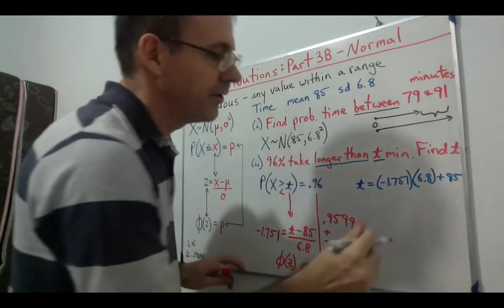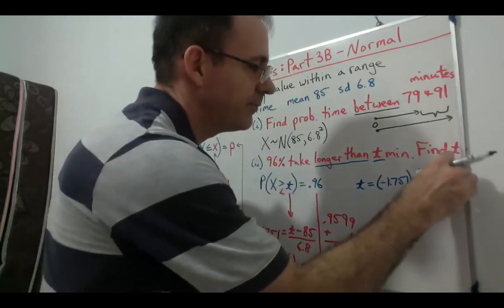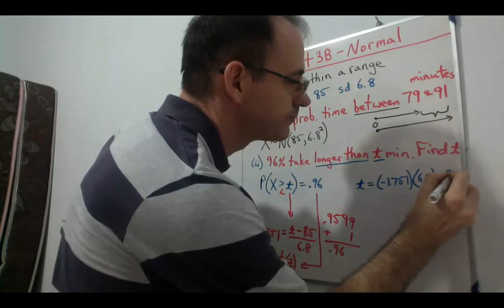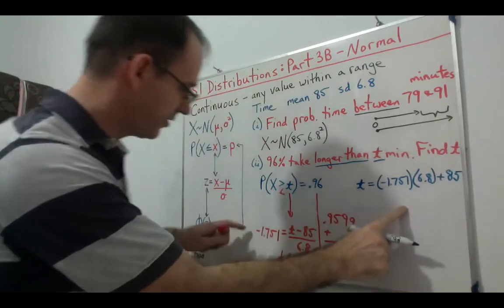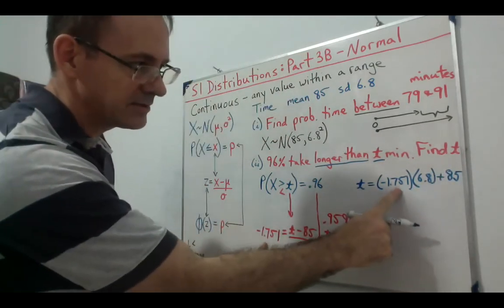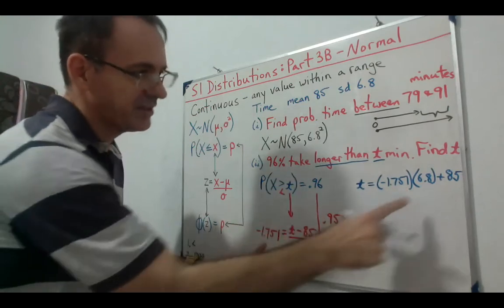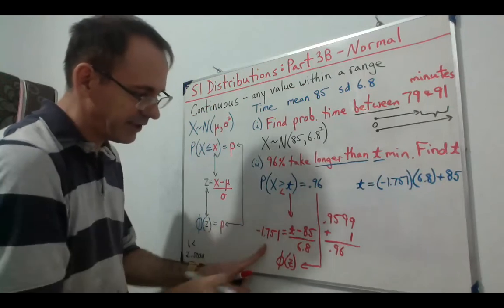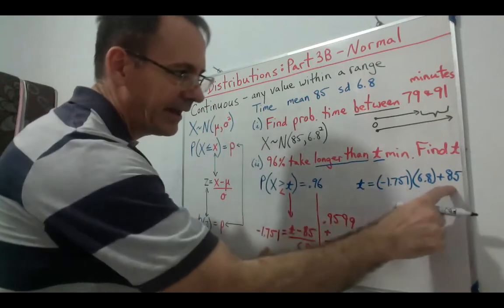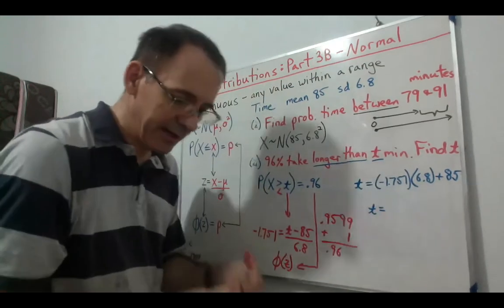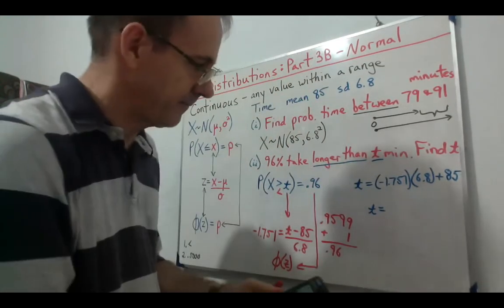Okay, I don't know if that showed up very well, so let me make it a little clearer. So t equals the negative 1.751 times the 6.8, which multiplies it over here, and then add the 85. That will give us t. So let's do that on our calculator really quick.